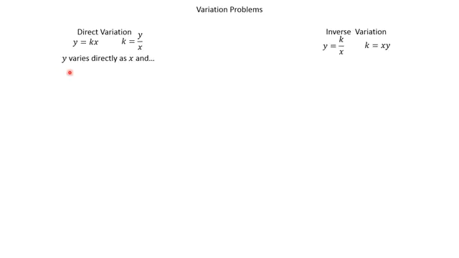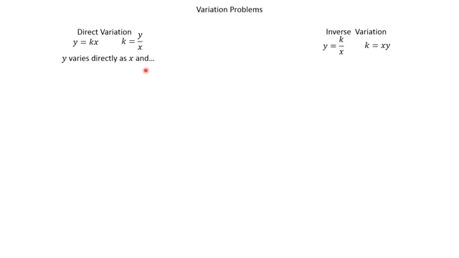It could be peanuts varies directly as elephants. Peanuts equals k times elephants. Bananas varies directly as peanut butter. Bananas equals k times peanut butter. Ice cream varies directly as clowns. Ice cream equals k times clowns. It just goes right in order like that. The trick, don't forget the k. That's the biggest mistake for both of these.